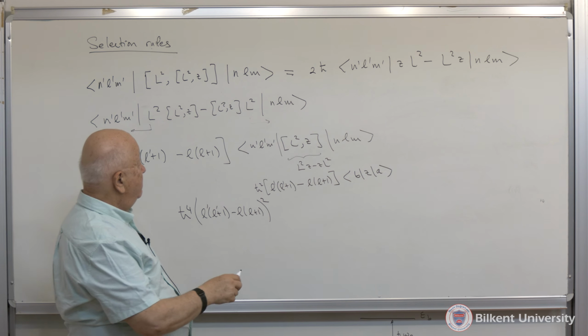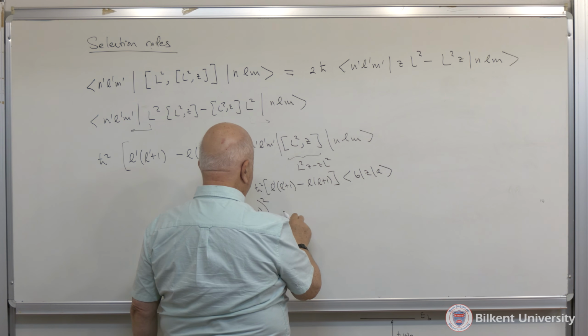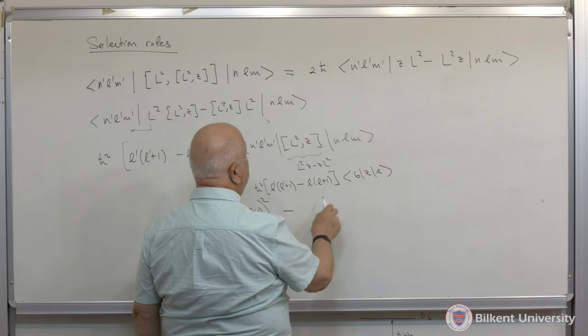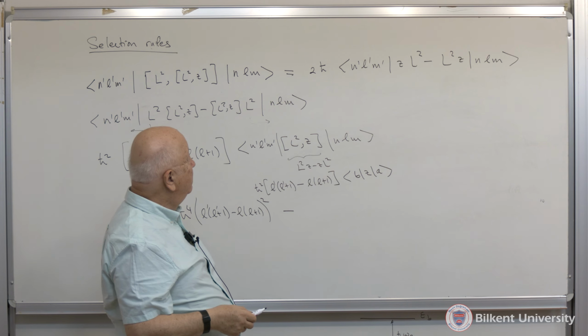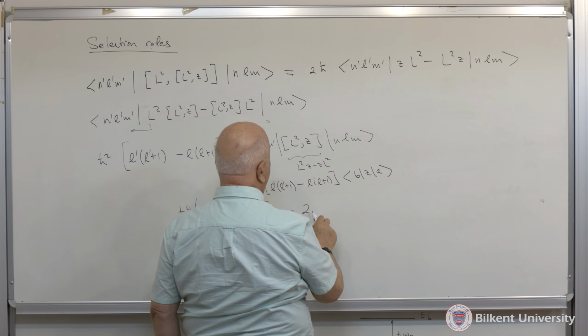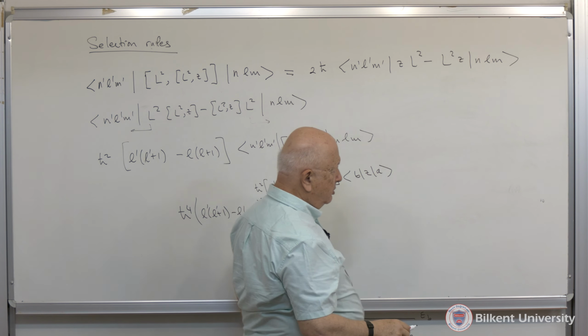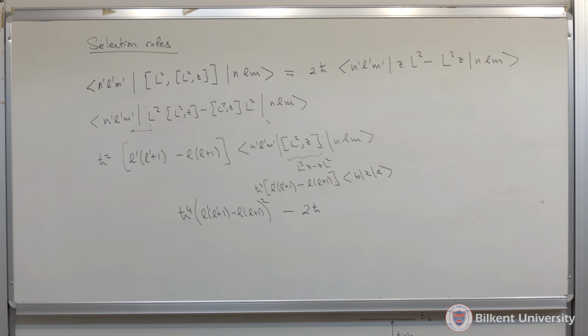times that. But let me just move the right-hand side to the left. So the right-hand side is going to be 2 h bar, just h bar, that should be h bar squared, right?